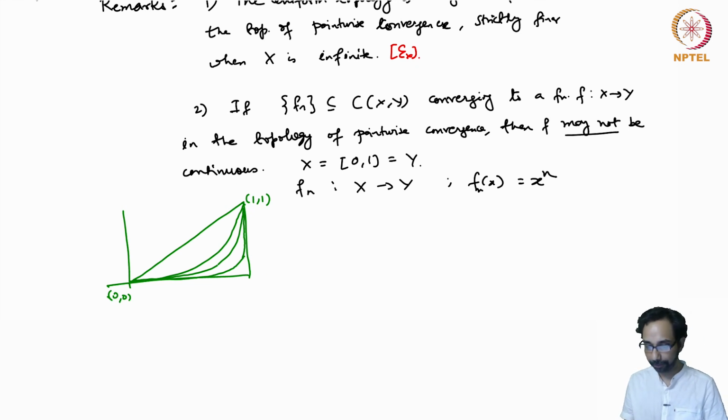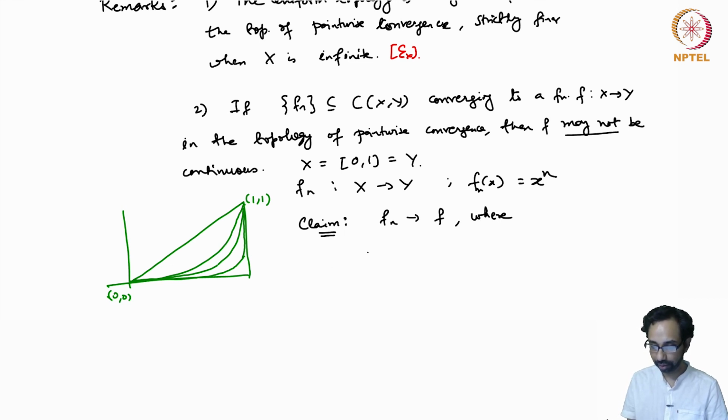And so I claim without proof that f_n converges to the function f, where f(x) is equal to 1 if x equal to 1 and 0 if x is less than 1.